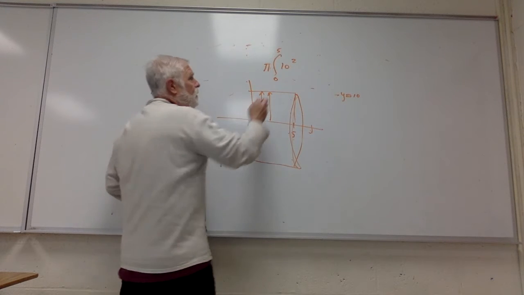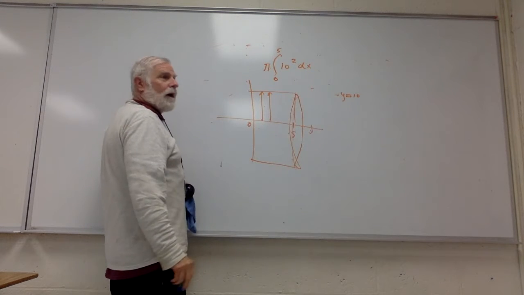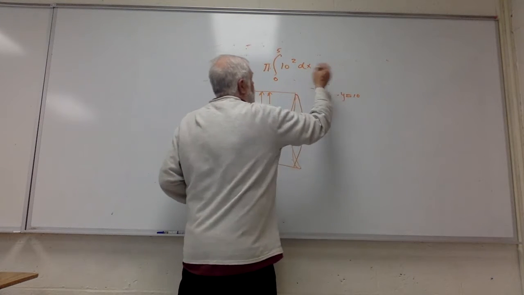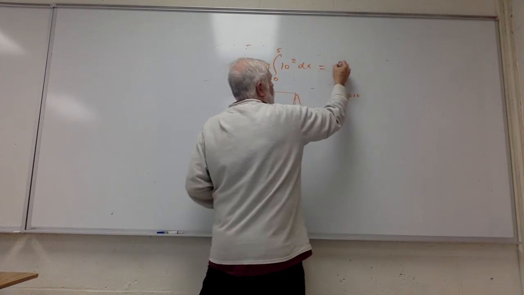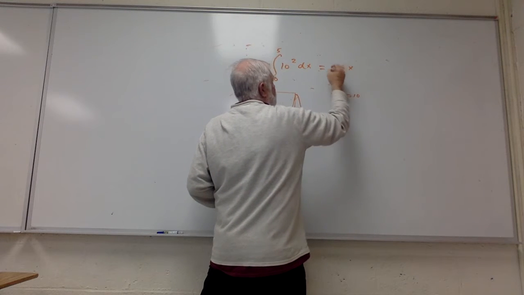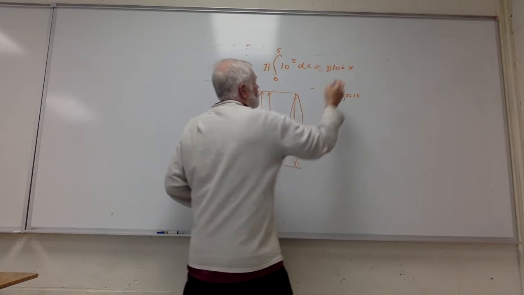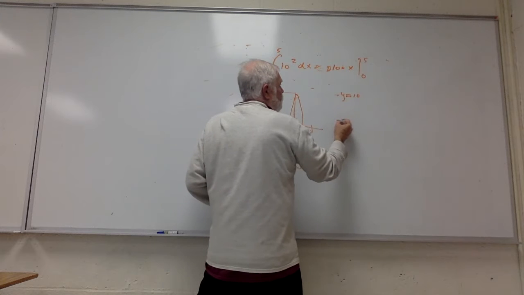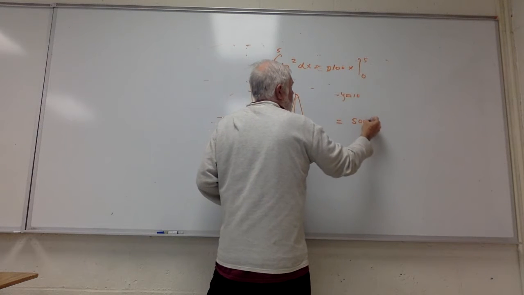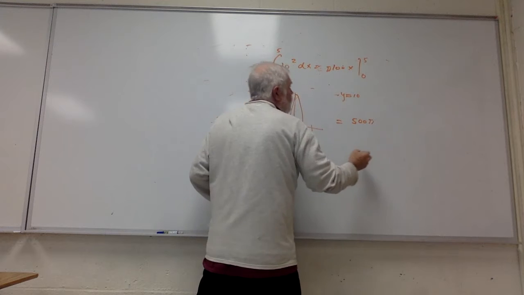It looks like 10 squared is 100, so that's 100x times pi from 0 to 5. So that's 500 pi for volume. 500 pi, I don't know, centimeters cubed, whatever, 500 pi.